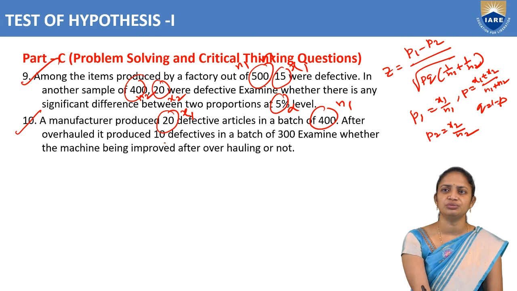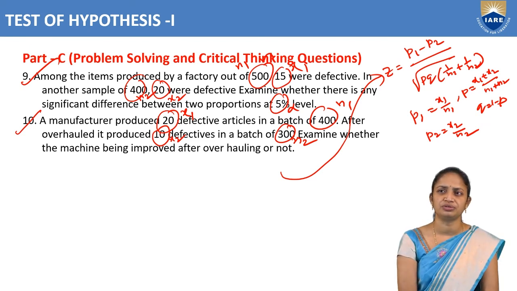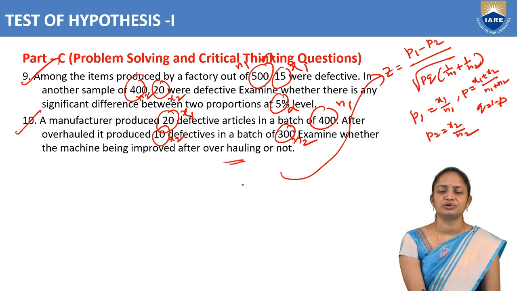This is n2 x2. Okay, so same formula, same procedure. So z equal to p1 minus p2 divided by under root of pq into 1 by n1 plus 1 by n2. So that is nothing but test of hypothesis for difference of proportions. So this is our module 4 question bank discussion.